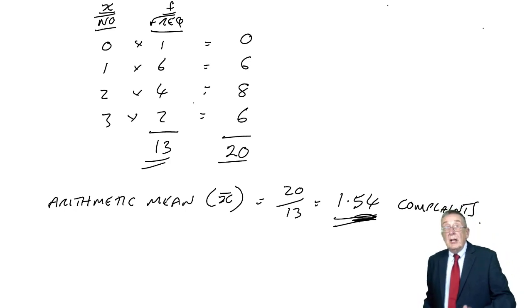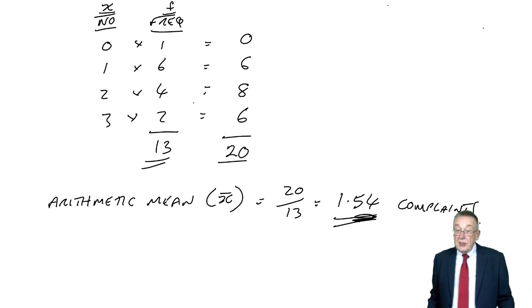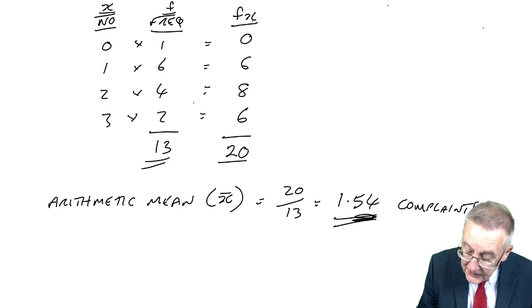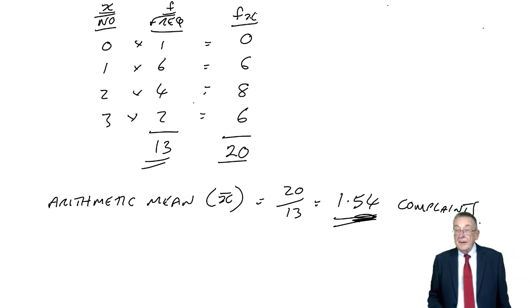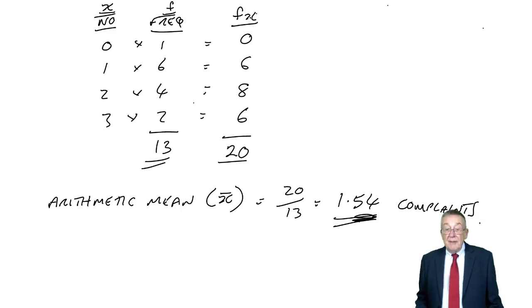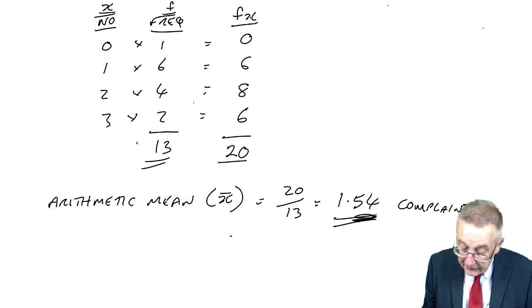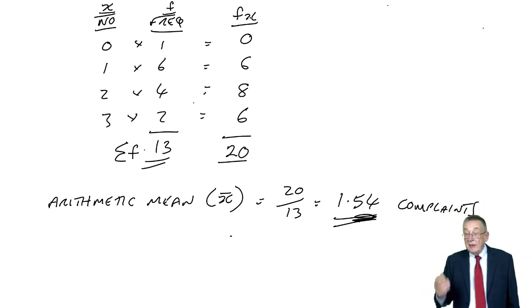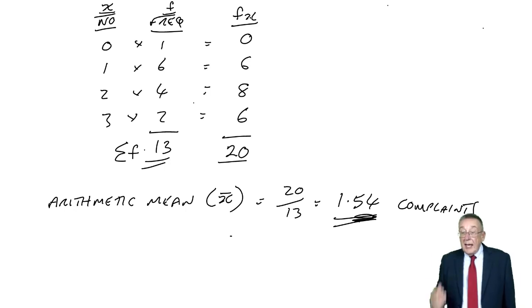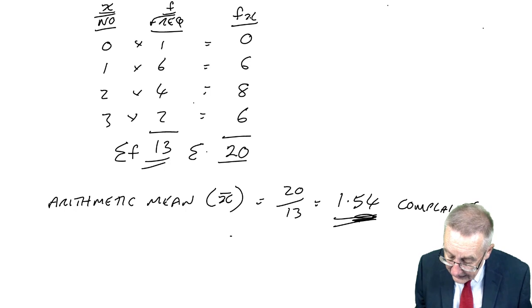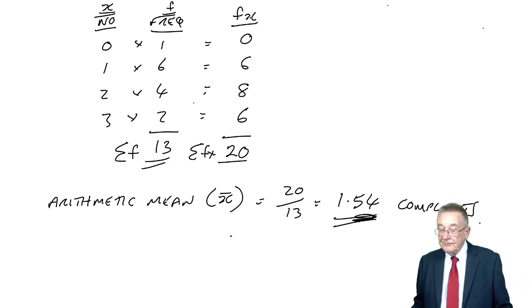To get the total of all 13 observations, we multiplied F times X. And then we added up all the observations, F times X, so sigma Fx, where sigma means sum of.